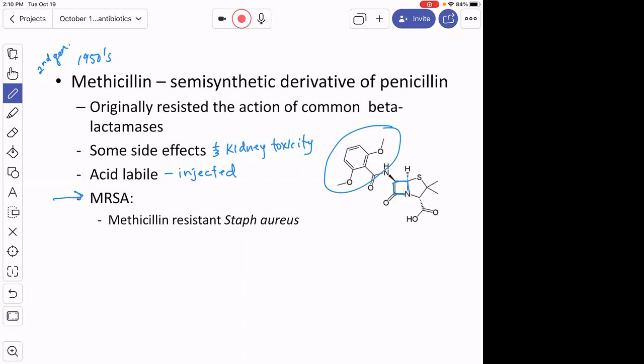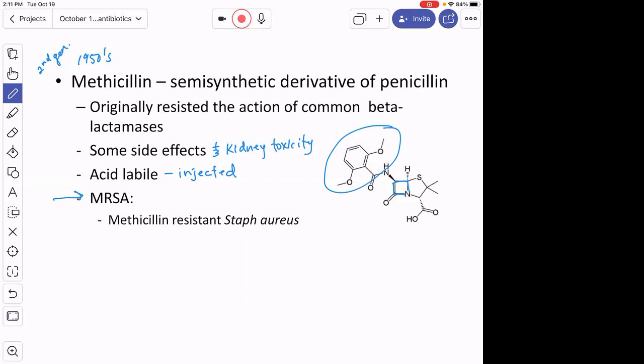MRSA stands for methicillin resistant Staphylococcus aureus. So you probably heard of MRSA. It's not as big an issue today as it was maybe 10, 15 years ago. We don't really understand why. But this is a whole strain of Staph aureus that's not only resistant to methicillin.